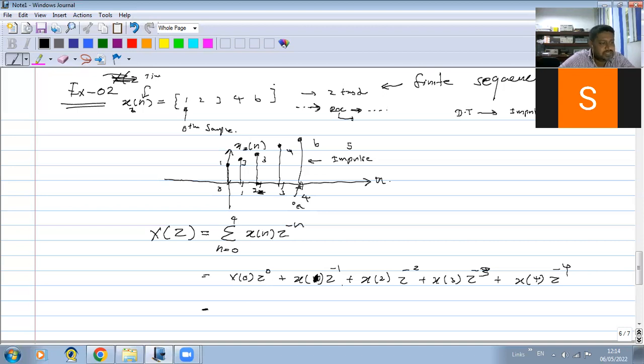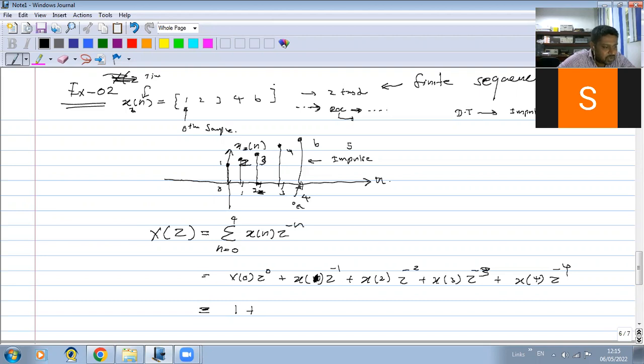So this is a power series, no? Because you have different powers of this complex variable Z. Here x0 is 1 and z to the 0 is 1, so we will have 1 here. x1 is 2, sorry, x1 is 2 and z to the minus 1.